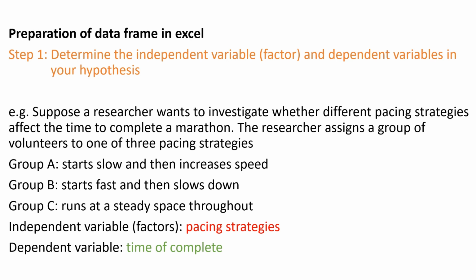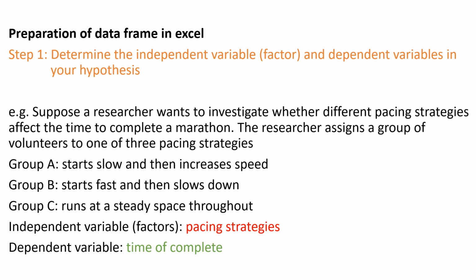The researcher assigns a group of volunteers to one of three pacing strategies: groups A, B, and C. For group A, he asks the participants to start slow and then increase speed towards the end. For group B, he asks the participants to start fast and then slow down towards the end. Then for group C, he asks the participants to run at a steady pace throughout the race.